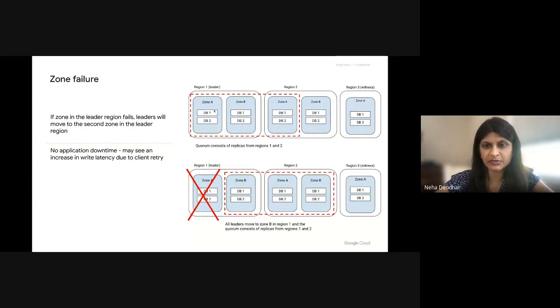Instead, the leaders will move to zone B in region 1 and continue to maintain the default leader region. The quorum will now change to zone B from region 1 and all of region 2. So as before, there's no downtime for applications. Applications might see an increase in write latency as clients retry some intermittently failed requests.